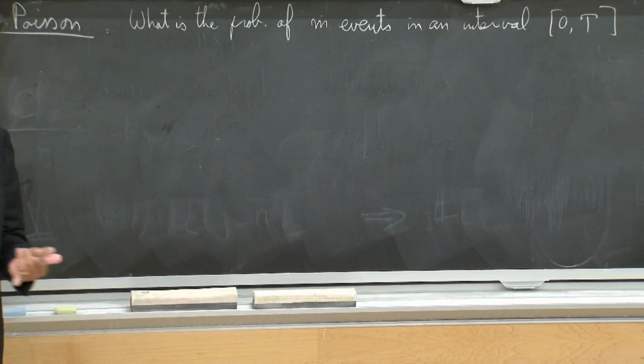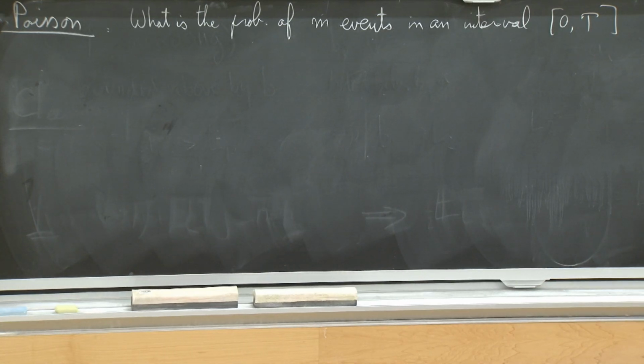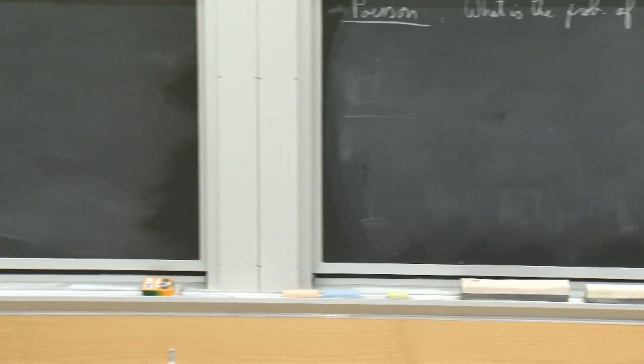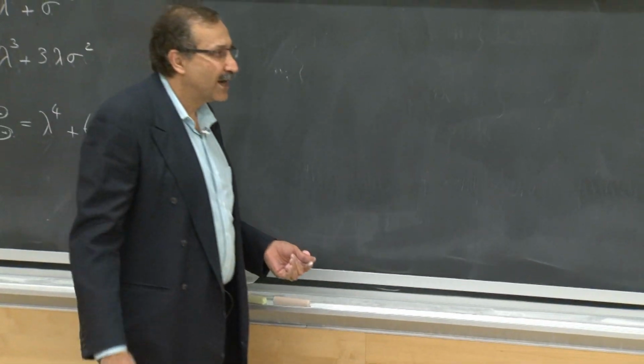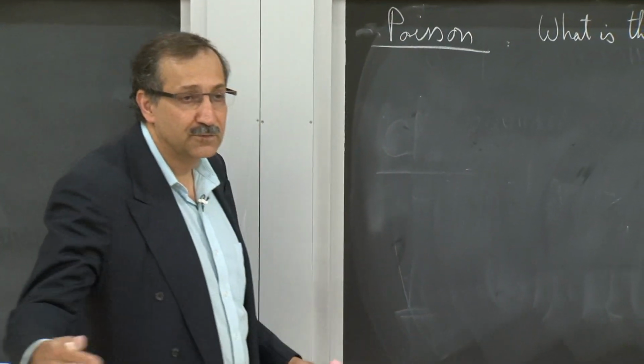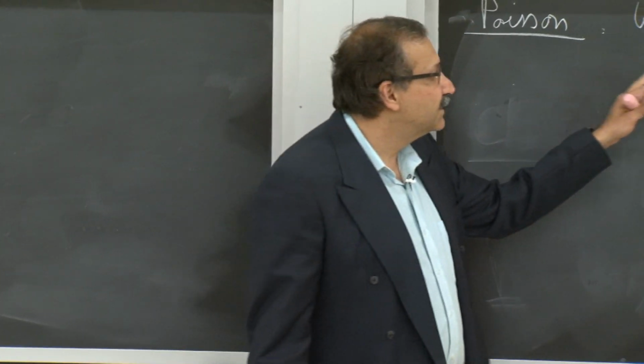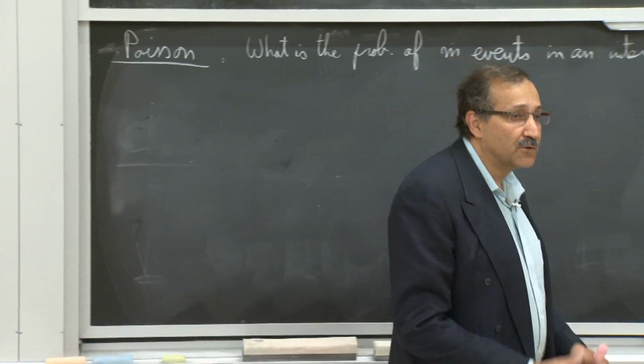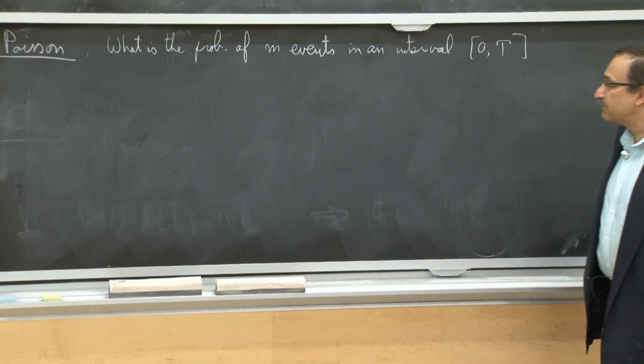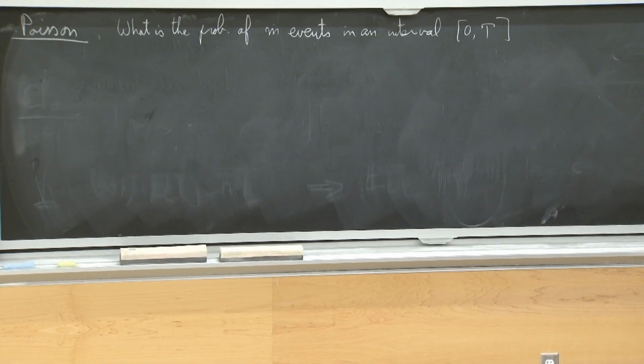And I express it this way because the prototypical Poisson distribution is, let's say, the radioactivity. You can be waiting for some time interval from 0 to 1 minute and asking within that time interval, what's the probability that you will see m radioactive decay events?